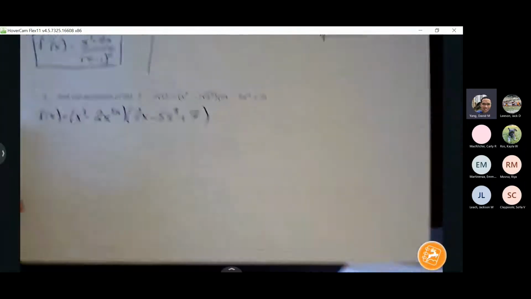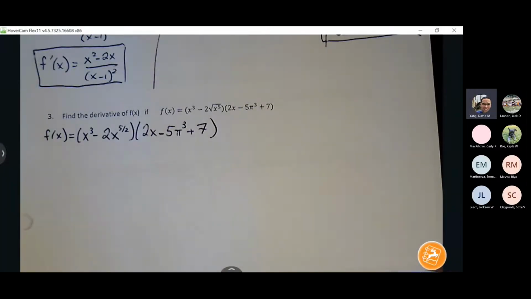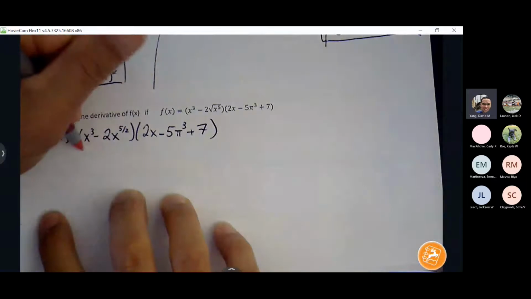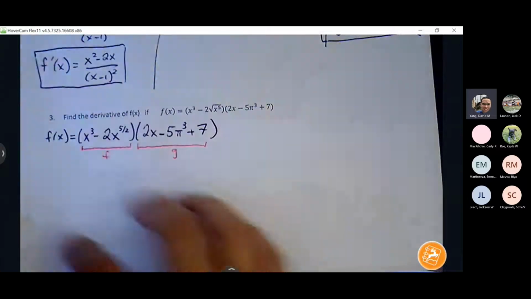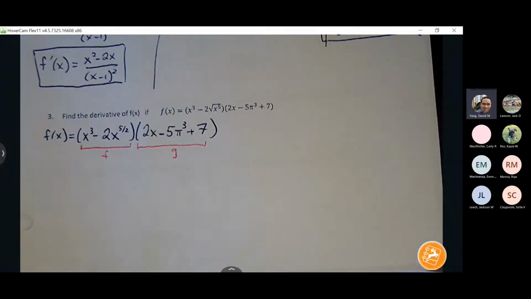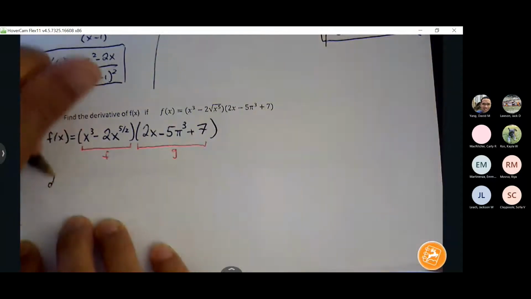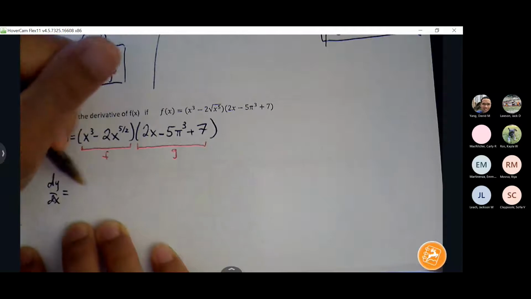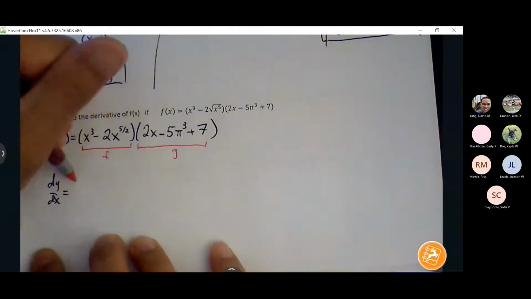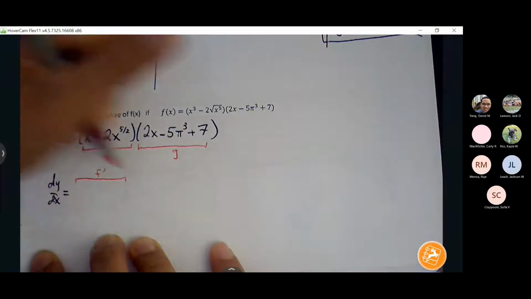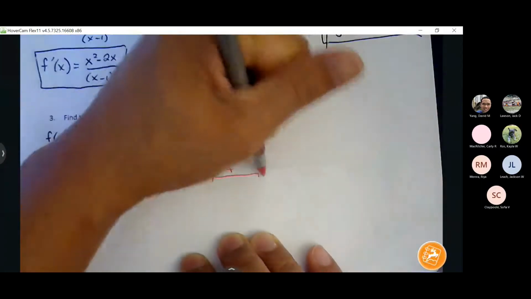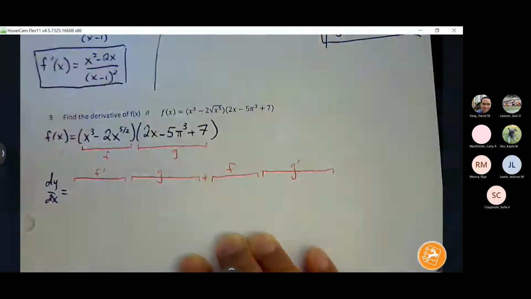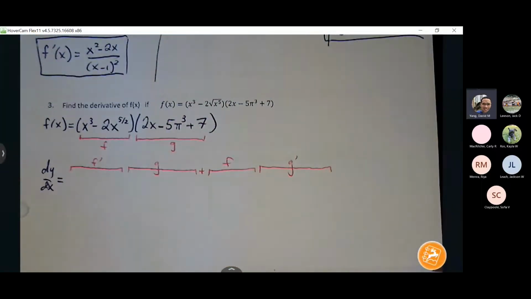Okay, so for number 3, I just rewrote the problem to get those rational exponents taken care of. But here I can now go through product rule. Let my first be F, let my second be G, and it's going to go through. Okay, so there's my form for product rule.